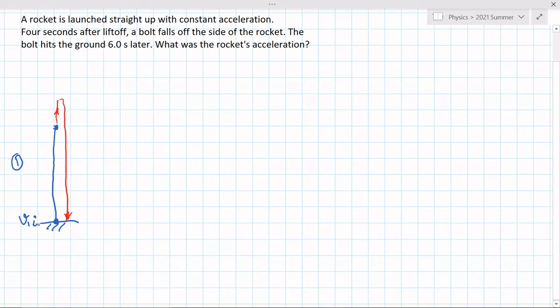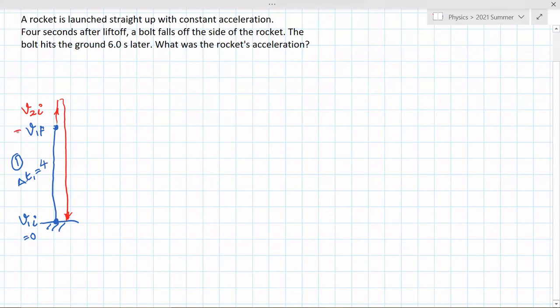V1 initial is 0. V1 final, we don't know. Delta t1 is 4 seconds.